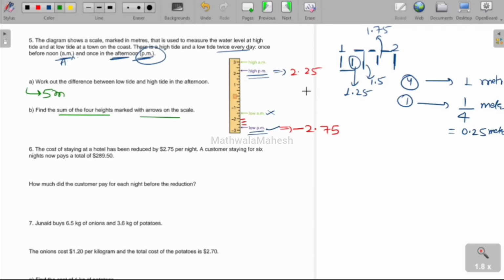Two heights are 2.25 and minus 2.75. The other ones are high AM, which is 3, and low AM, which is minus 1.5. So we have to add all of these: 3 plus 2.25 minus 1.5 minus 2.75.